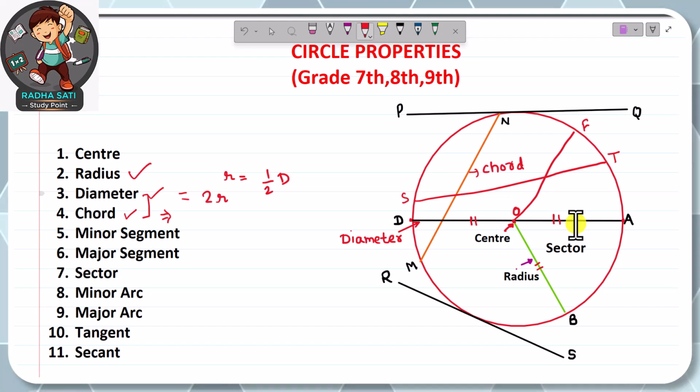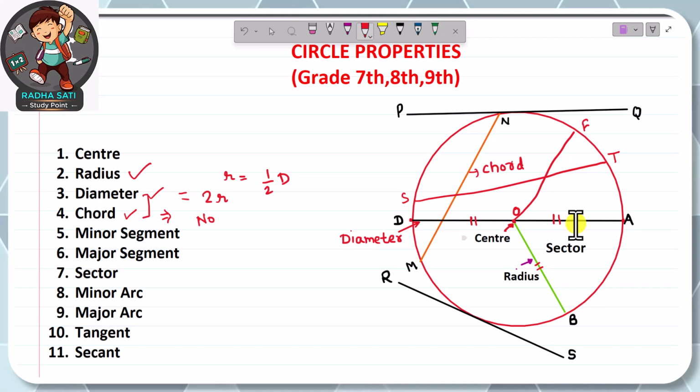If it comes in this form, that all the chords of a circle are diameters, then the answer will be no. Because a chord may or may not pass through the center. But a diameter will always pass through its center. Then only it will be called a diameter.